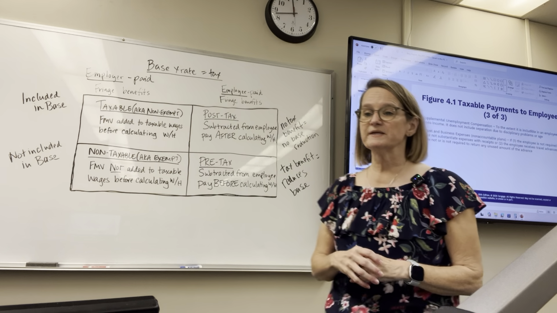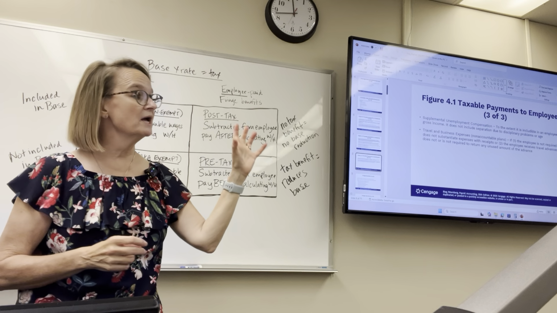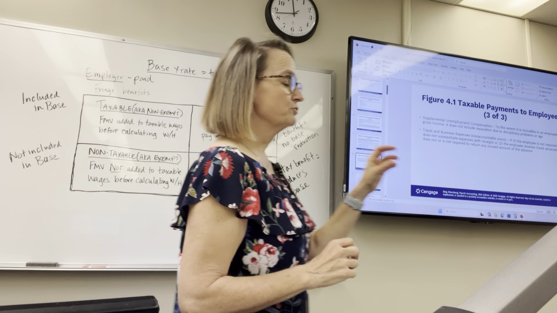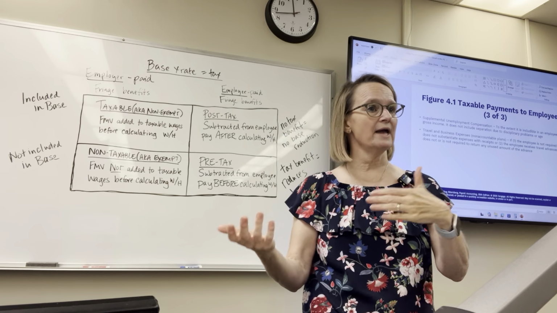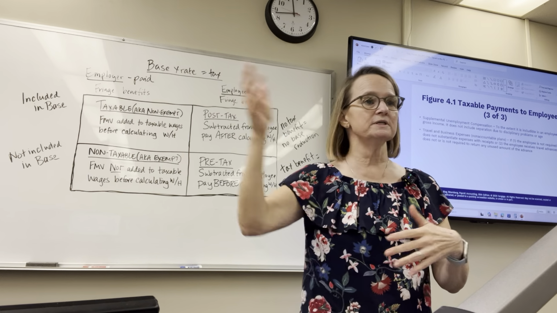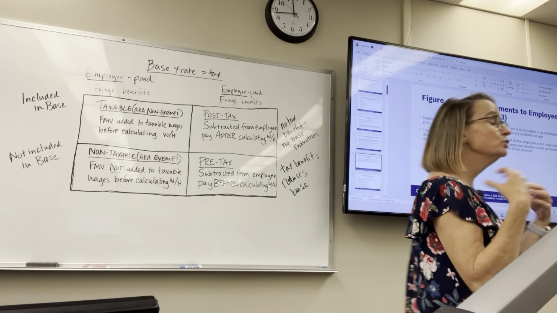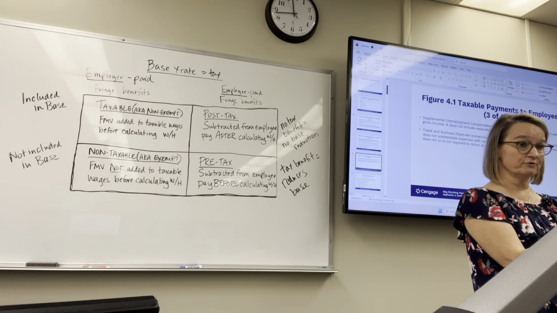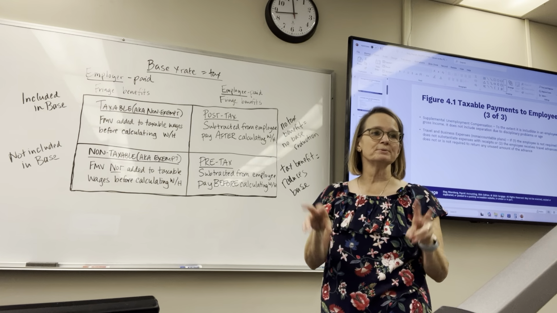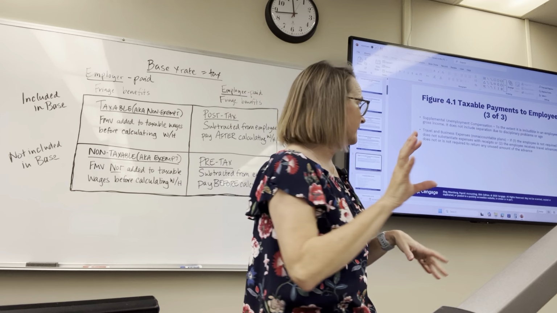Travel and business expenses. So for travel and business expenses, what we're talking about is if an employer either reimburses you for travel that you're doing on their behalf. So let's say they want to send you to a conference, right? You've got to go to a conference in Orlando and they're going to pay your expenses to get down there, or you have to pay it and they reimburse you for the expense. If it's part of what's called an accountable plan, and one of the slides goes into a little bit more detail about what an accountable plan is.